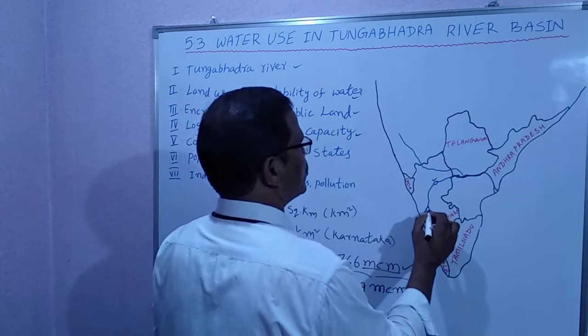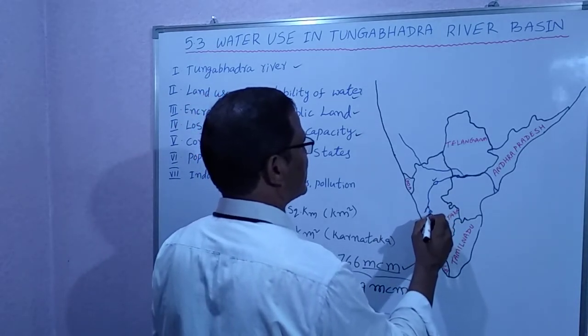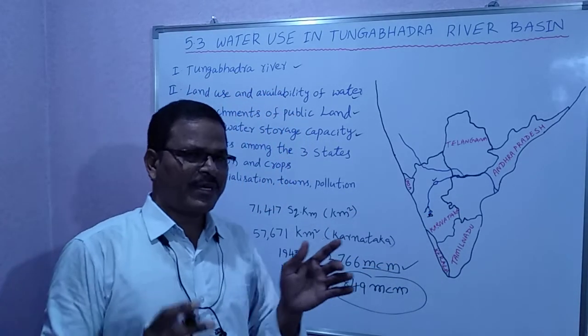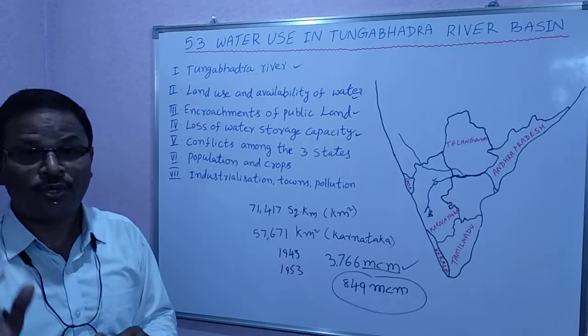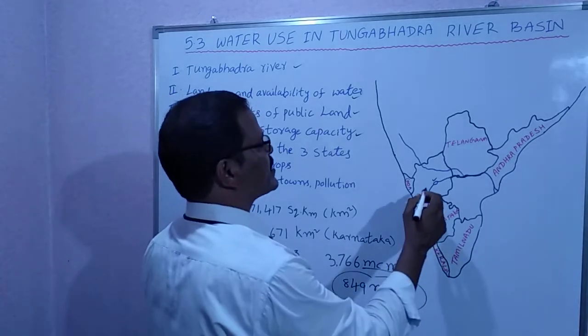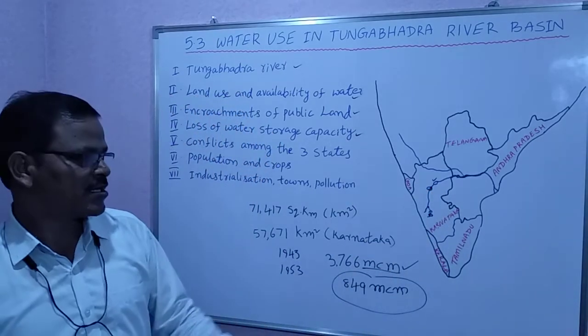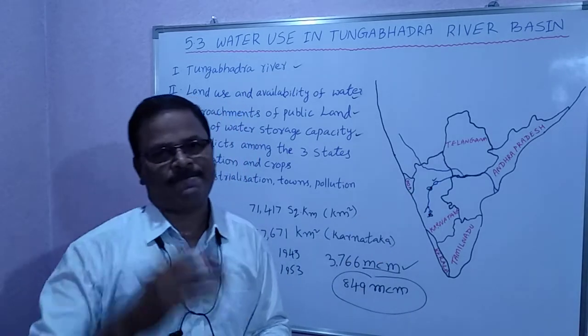Here is Kudremukh area. Kudremukh area is famous for iron ore mining. This is Sandur area. Sandur area is famous for manganese mining.